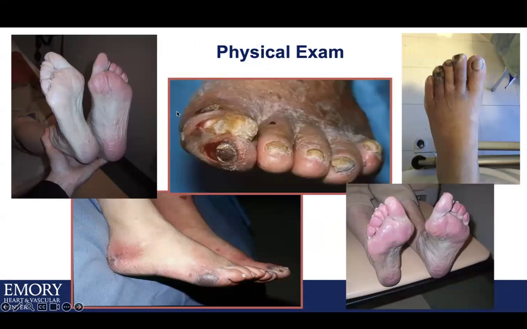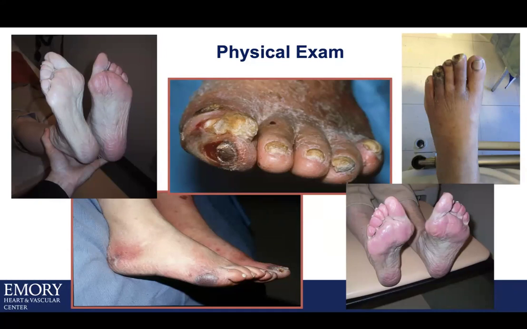And all patients presenting with symptoms of CLTI should undergo a really detailed vascular assessment, in addition to a detailed history, knowing their risk factors, drug history, family history, and prior amputations, prior interventions.